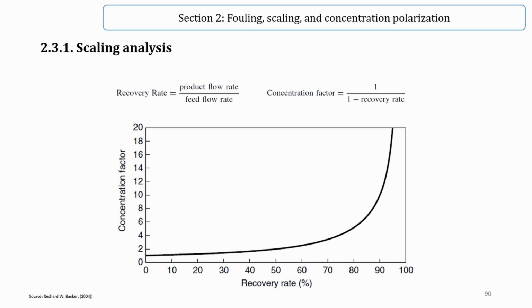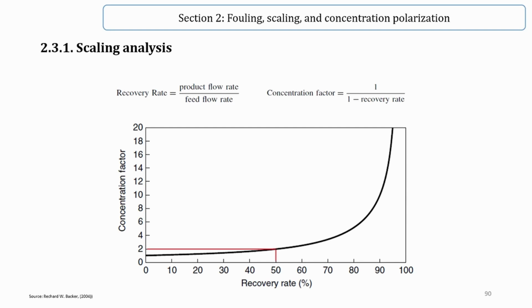Scaling analysis. Analysis of the feed water and calculating the expected concentration factor in the brine determine the proclivity of a particular feed water to produce scale. The ratio of the product water flow rate to feed water flow rate is called the recovery rate.